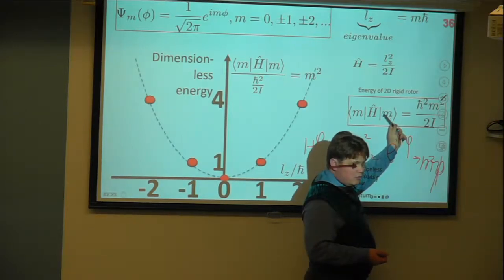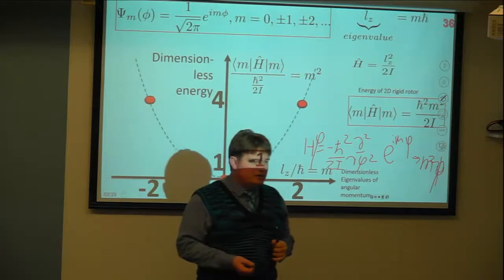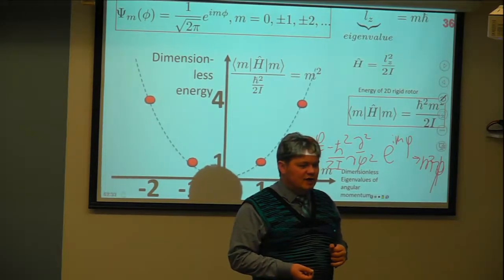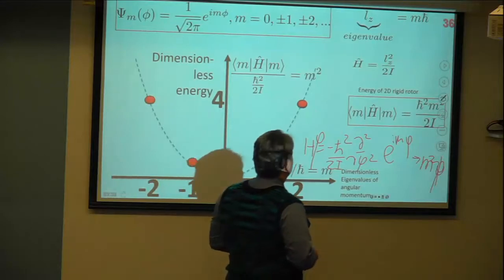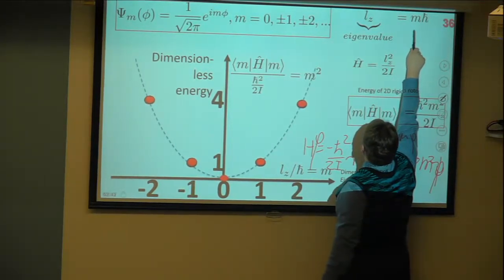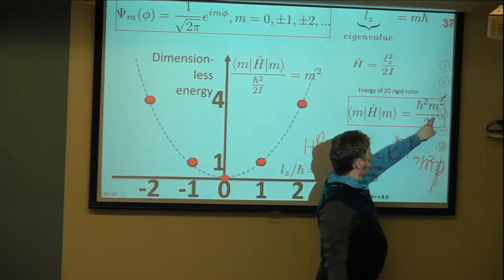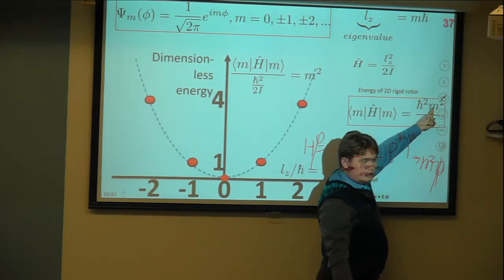So now we have achieved another milestone. We have found eigenvalues of the energy operator for two-dimensional rotation, right? So the eigenvalue of angular momentum takes integer values, and energy takes constant h bar squared over two inertia times m squared, the square of this angular momentum value.